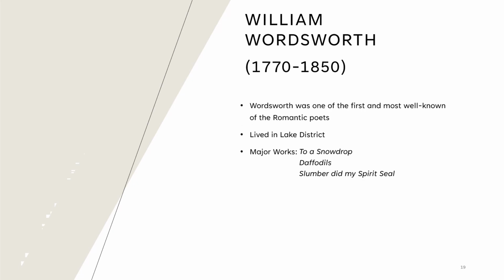Wordsworth was one of the first and most well-known of the Romantic poets. He lived in the Lake District, which is a particularly beautiful part of England. He emphasized the value of childhood experience and the celebration of nature. Some of his notable works were To a Snowdrop, Daffodils, and Slumber Did My Spirit Seal.